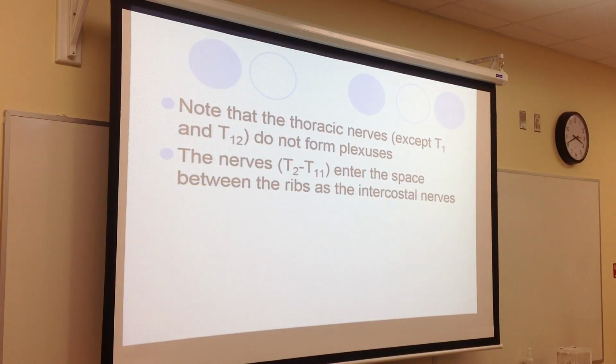Yes. Now, the outline may have a mistake in it, but T2 through T11 are not involved in plexus formation. Everything else is. All right? All the others are. There you go. Now that's pretty simple, is it not?